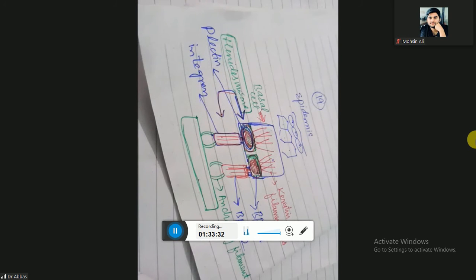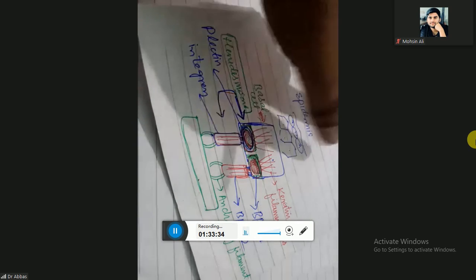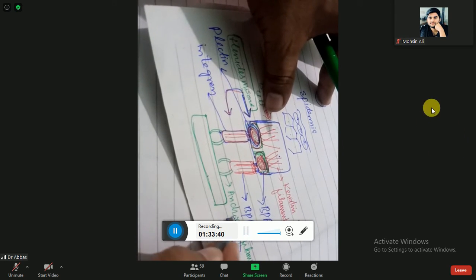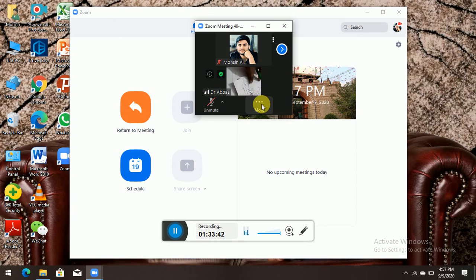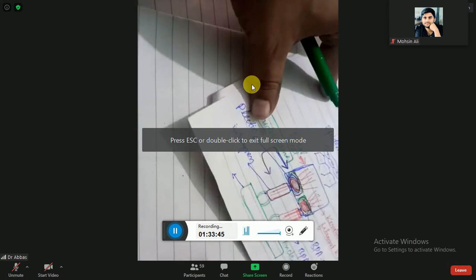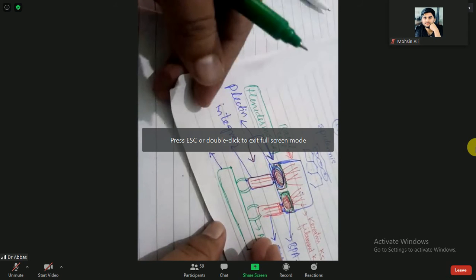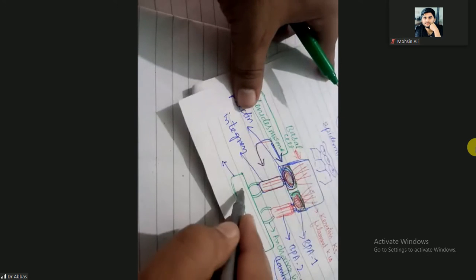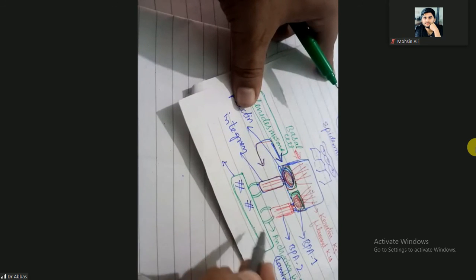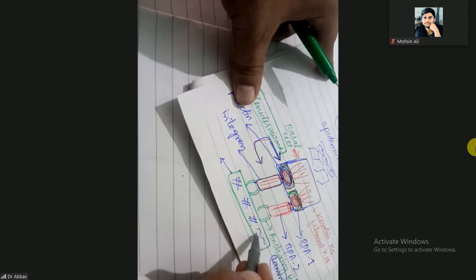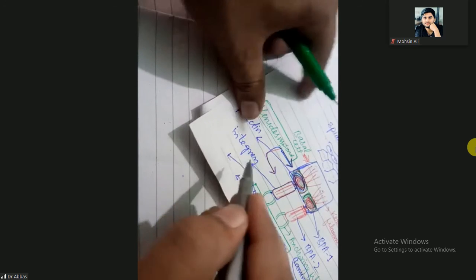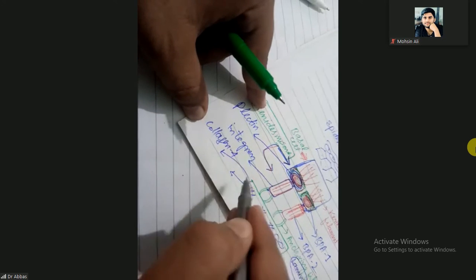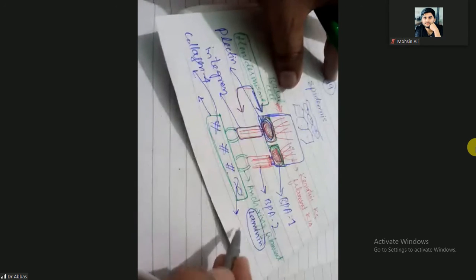So the anchoring filament has the protein known as laminin. Okay, and this one is the basement membrane area, and that has collagen 4 and nidogen. This is collagen 4, and this part is the nidogen.